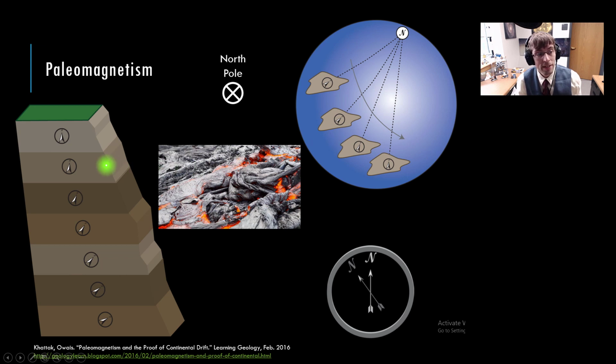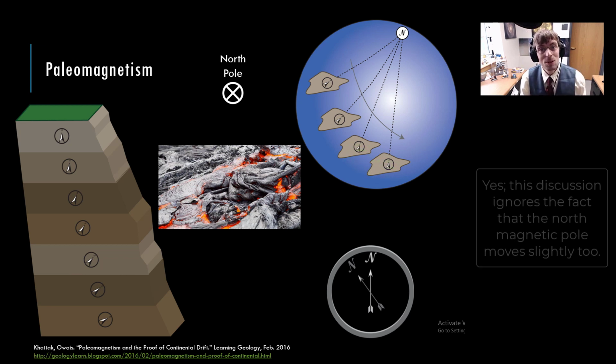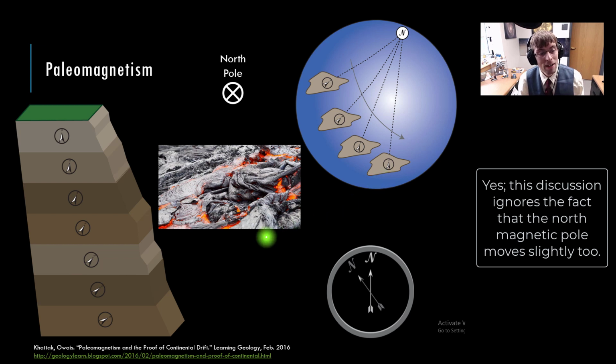Keep going forward in time, a new layer, you get a new direction for the iron filings, a new layer. So what this allows us to do is kind of track where the landmass was today and yesterday and further back in time.